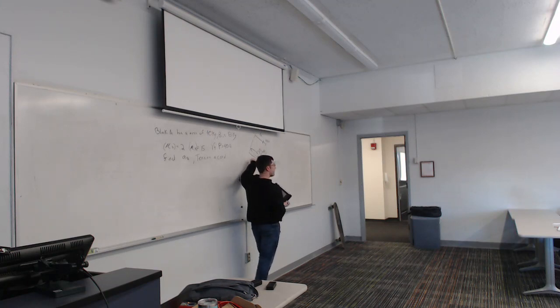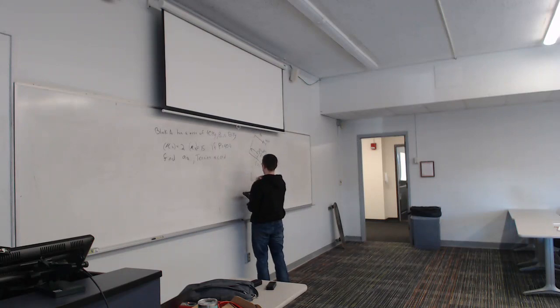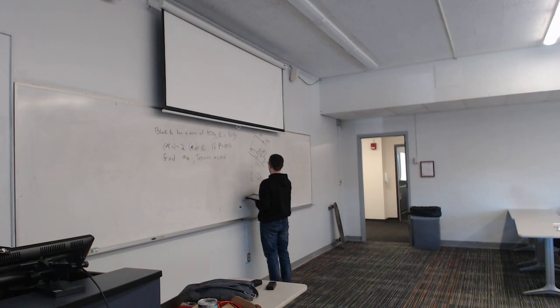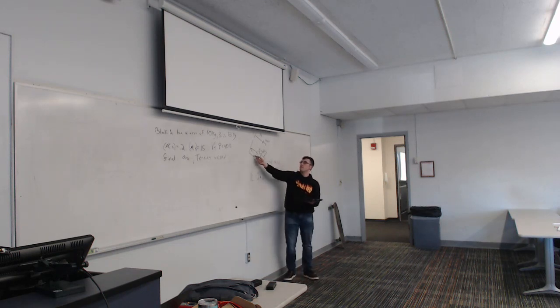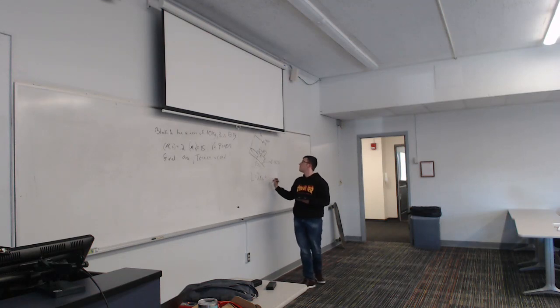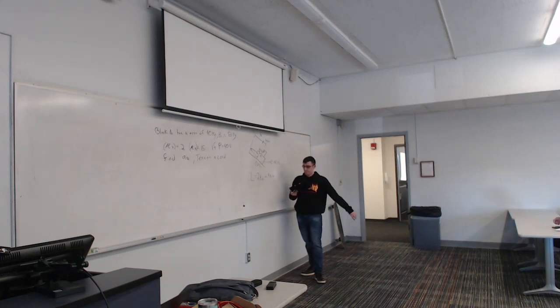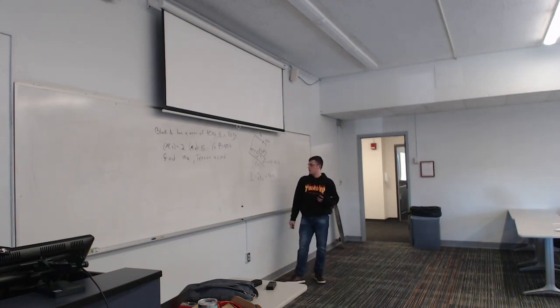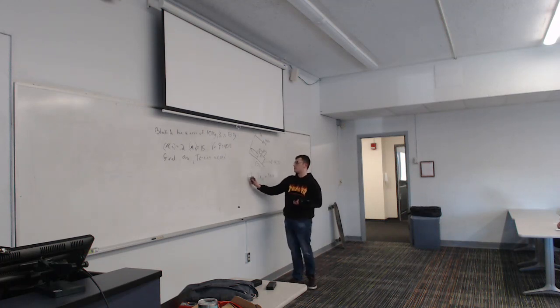So the entire length of this green cord is equal to 2XA, 2 because there are two of these right here, plus XB with respect to A. Now I have this equation.